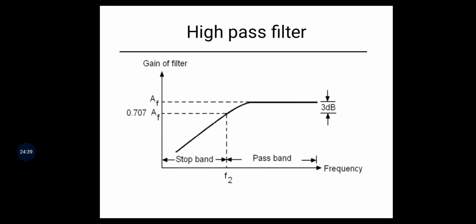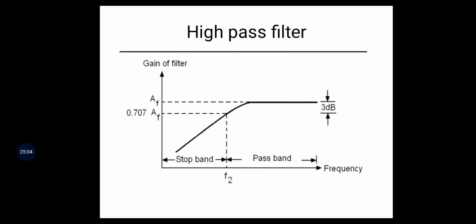But after the cutoff frequency there is a pass band. In this range of frequencies, the circuit allows the signals and the output appears across the circuit. In the stop band, frequencies are not accepted by the circuit.